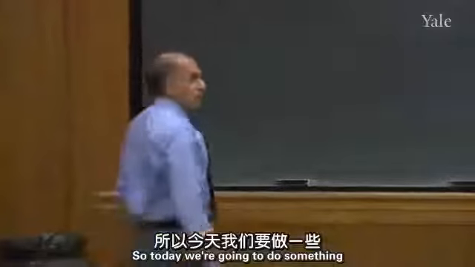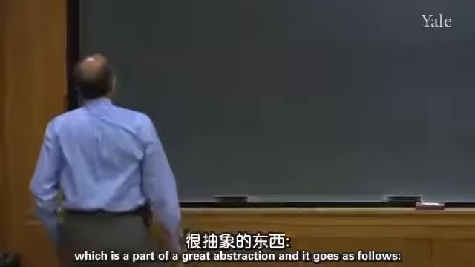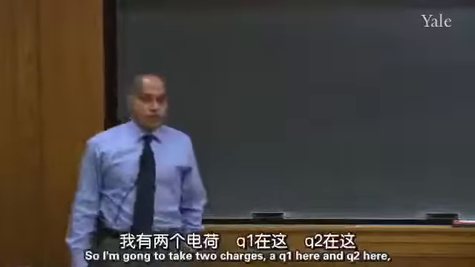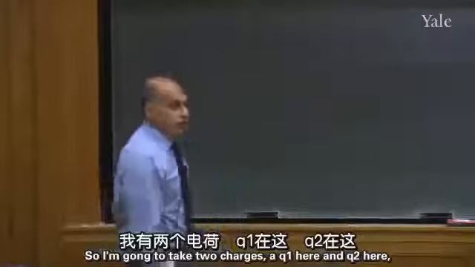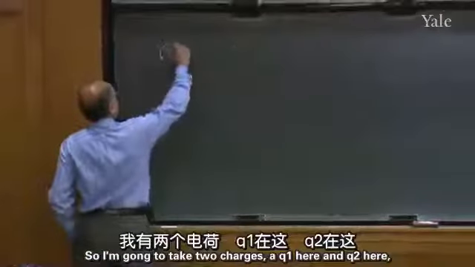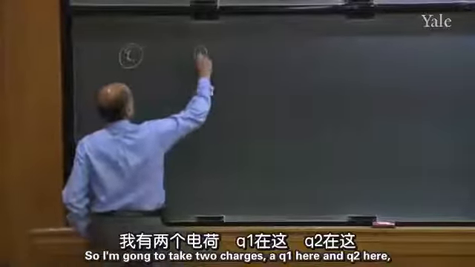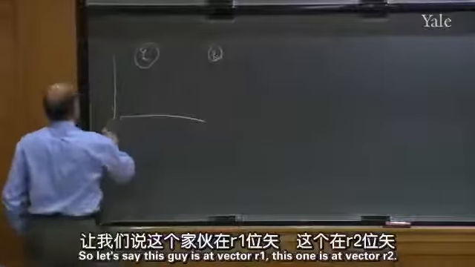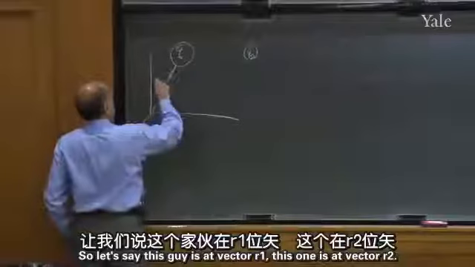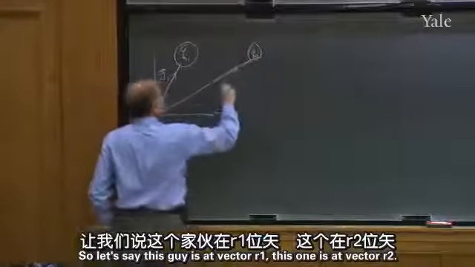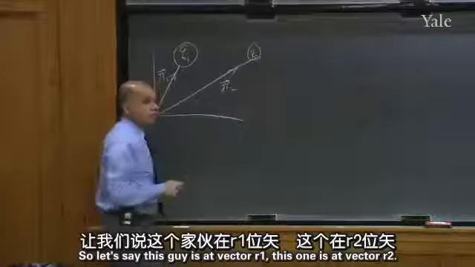So today we are going to do something which is a part of a great abstraction. And it goes as follows. I'm going to take two charges, Q1 here and Q2 here, and I'm going to give them some locations. So let's say this one is at vector r1, this one is at vector r2.